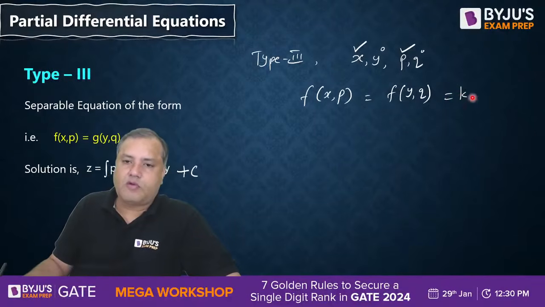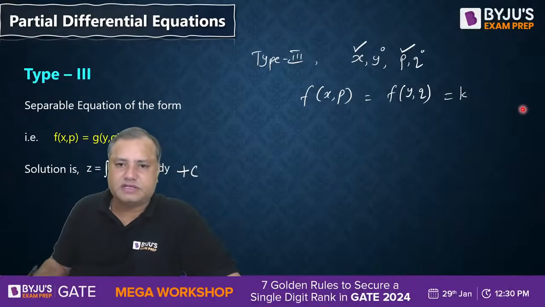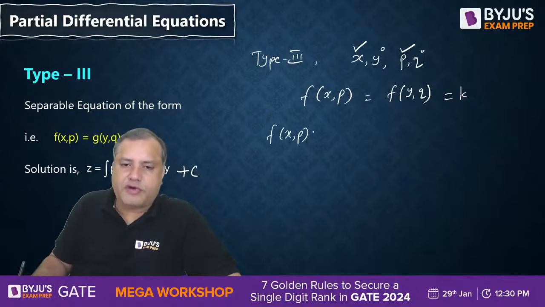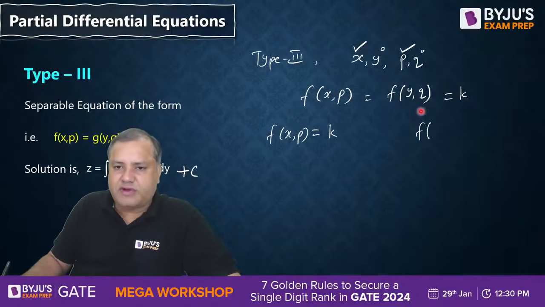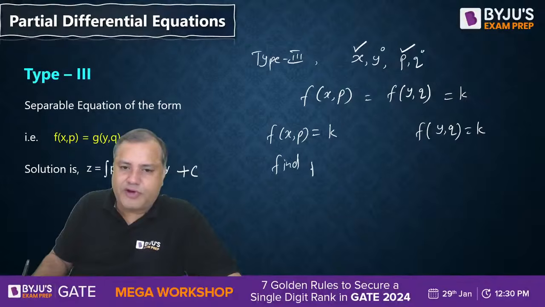Now what we can do here is consider f of x comma p equal to k, and then we will equate the other side also to k. From here find p, from here find q.